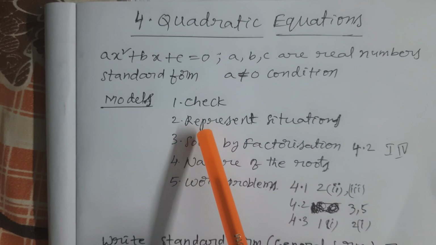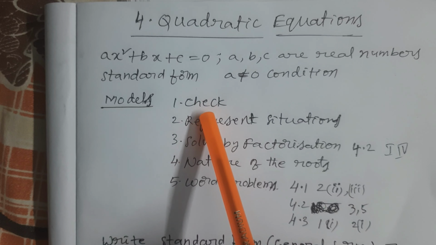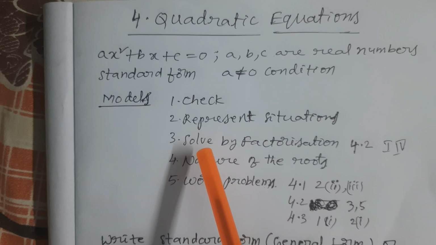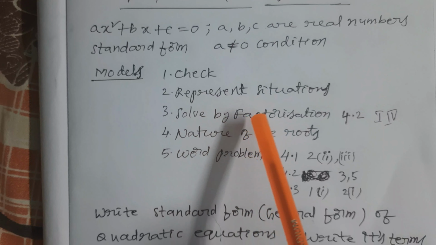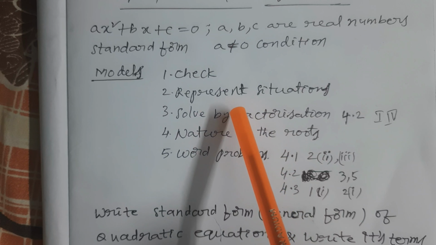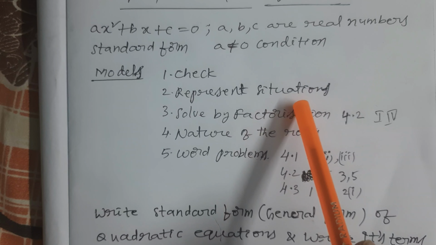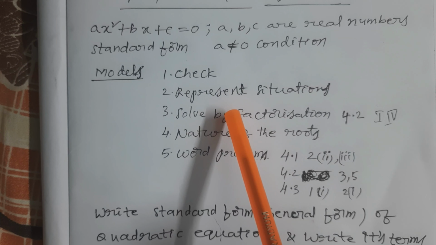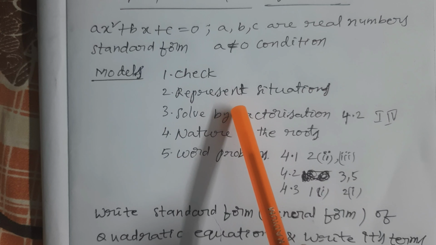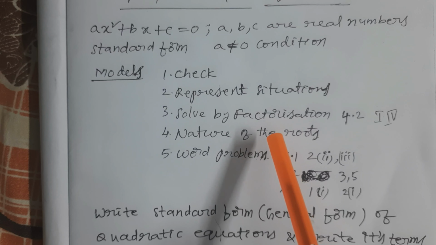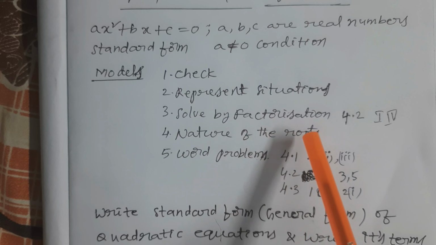First, check whether it is a quadratic equation or not. That is one question in 4.1, first Roman. Second one, represent the situations in quadratic equation, in the 4.1 chapter only. That is the second part in 4.1. Next, solve by factorization method, that is 4.2.